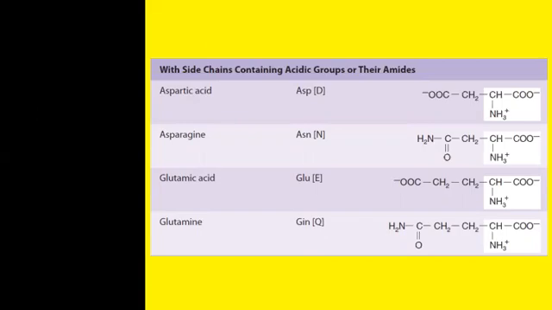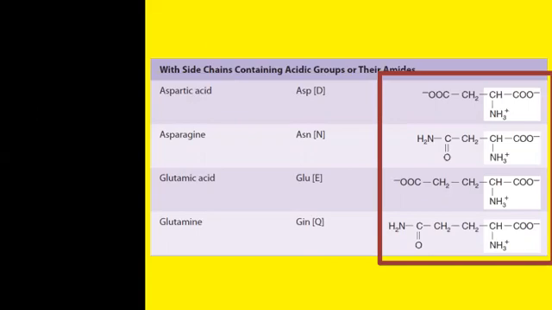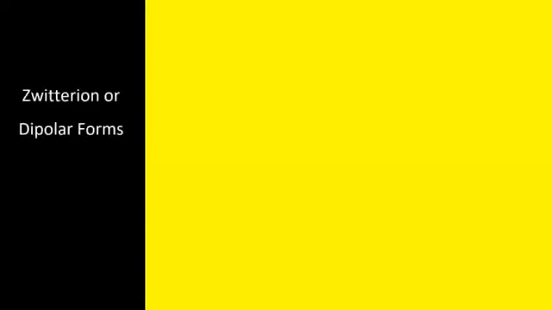Those proteins that contain acidic groups, we can see in their molecular formula the acidic groups. So they are negatively charged. We have aspartic acid, asparagine, glutamic acid, and glutamine.